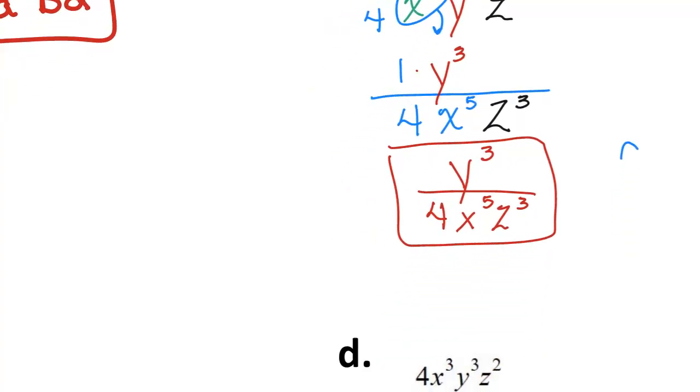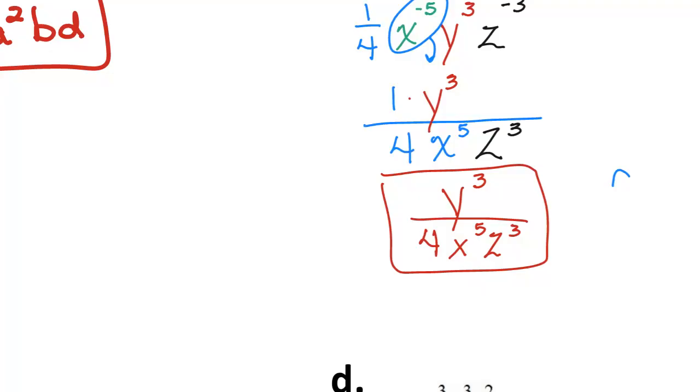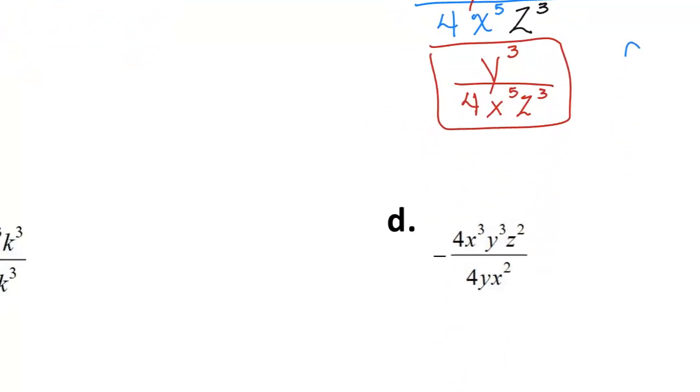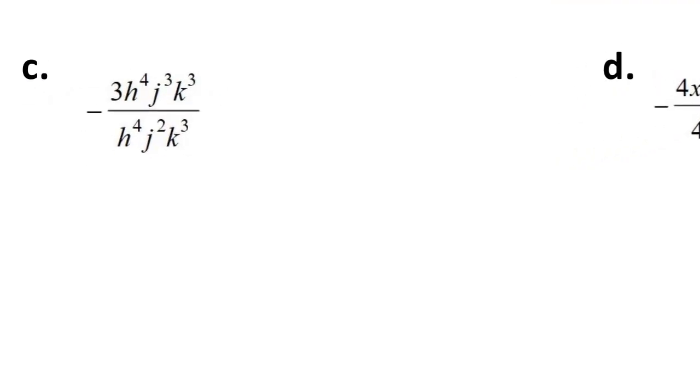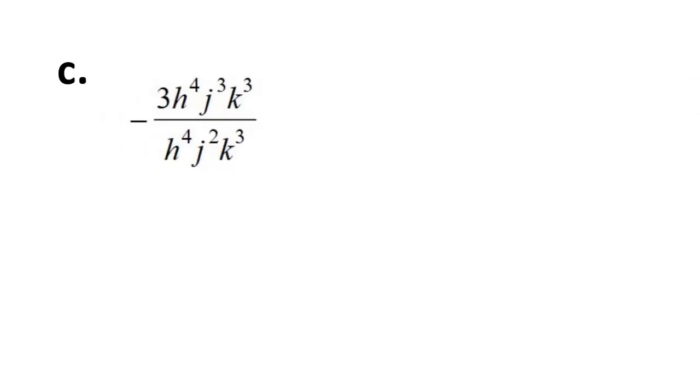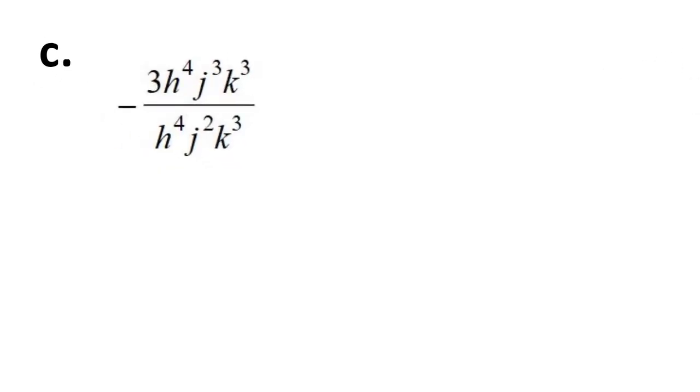All right. Any questions on that particular problem? Let's see about getting you guys to do some. See what you can do with letter C. It's kind of an interesting one.